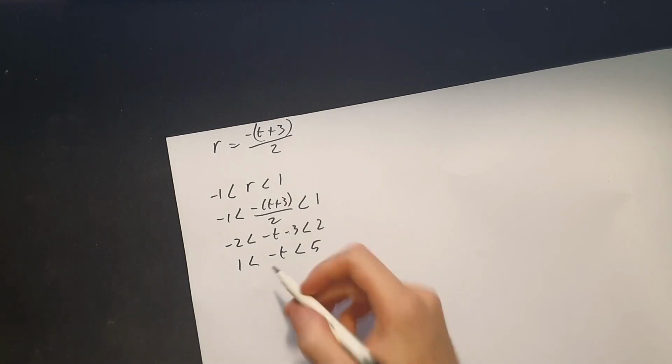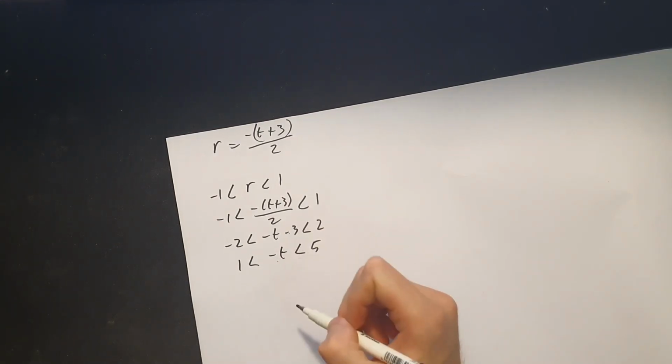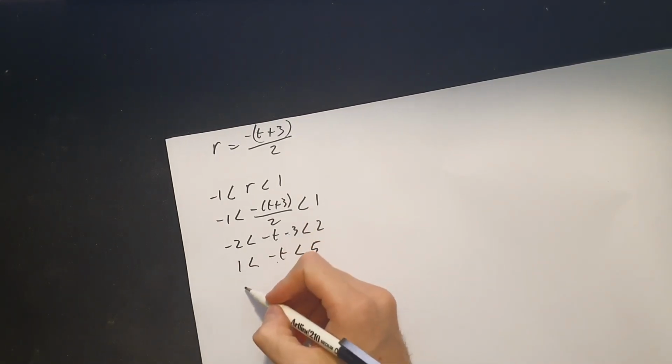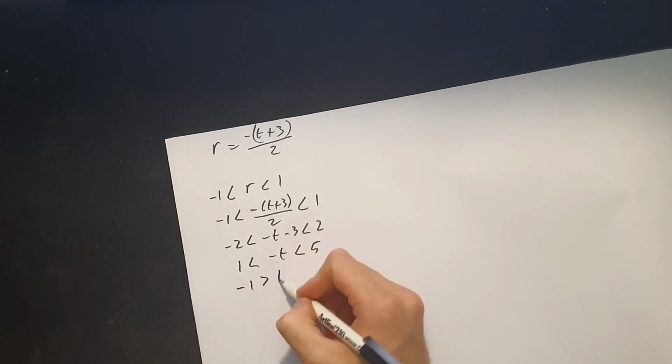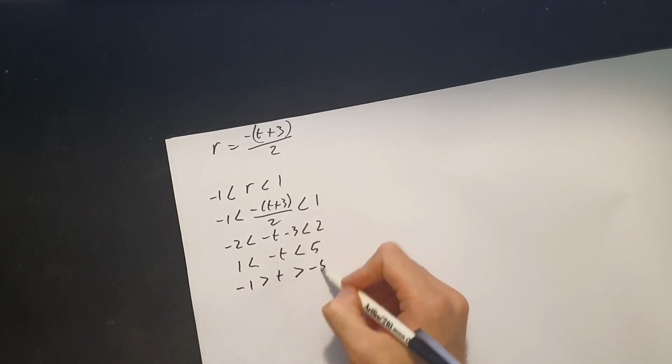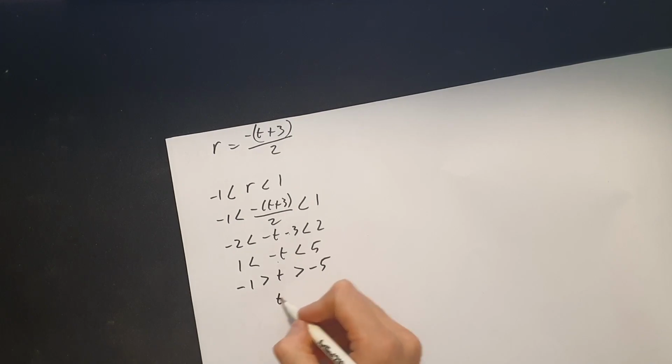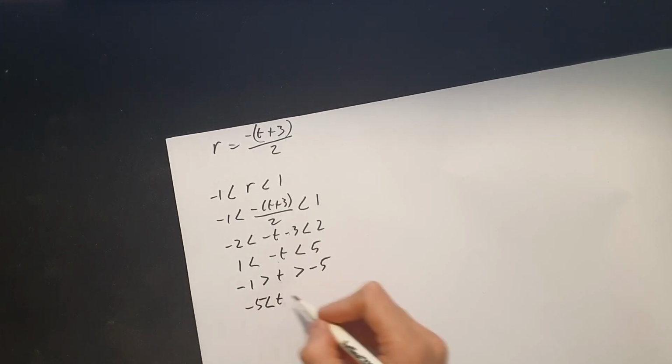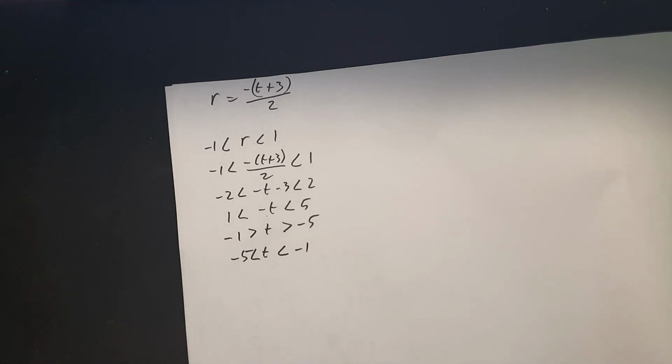Now divide by negative, but what do you know about your inequality signs? They flip. So therefore we're going to have minus 1, t, minus 5. So just to rewrite this, t needs to sit between minus 5 and minus 1 for this series to converge. Okay, and that's how we go about doing question 3.